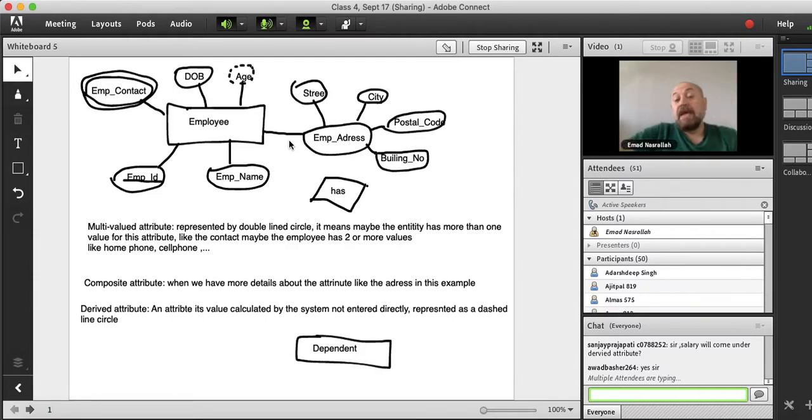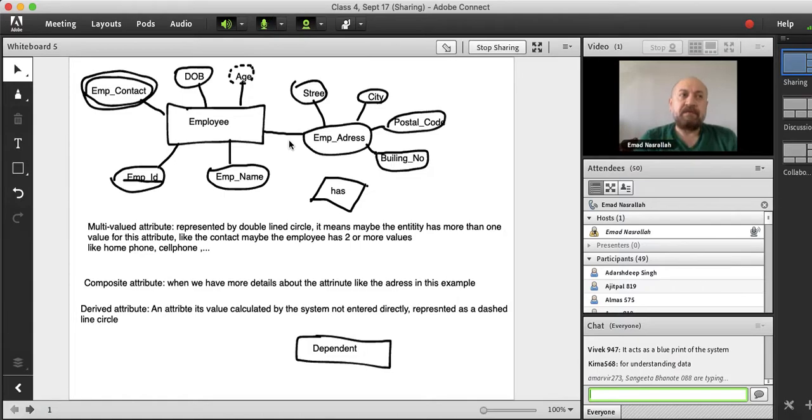And after creating the ER, who will read it? Who will benefit from the ER? We have a team for building or developing the system.